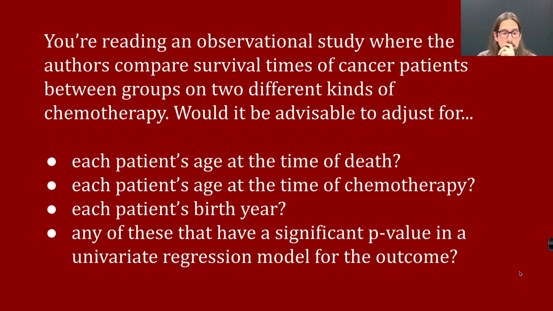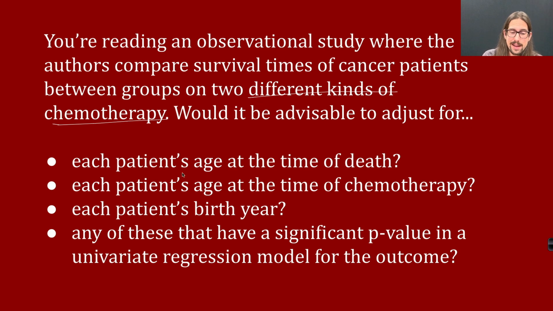Okay, so the exposure here is what kind of chemotherapy they're getting. And what we've been talking about is we don't want to ever really adjust for things that happen after the exposure. For them to get this kind of treatment, they have to still be alive, obviously. You don't want to give dead people chemotherapy.